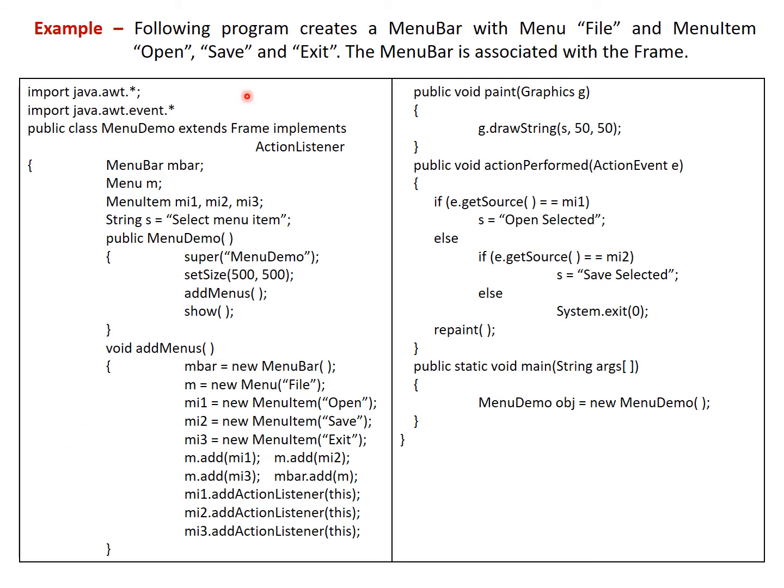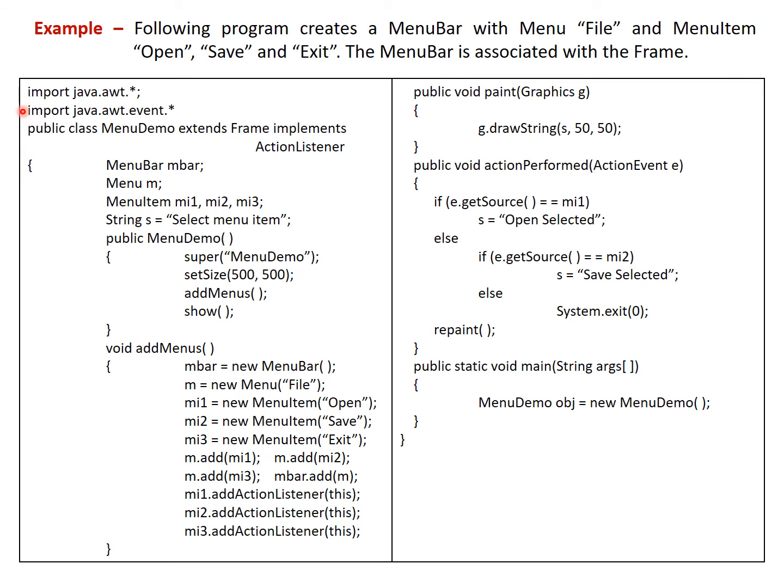Now we will see one program which creates a menu bar with a menu, File, and menu items Open, Save and Exit. The menu bar is associated with the frame. Initially here we import two packages, that is the AWT package and the event package.